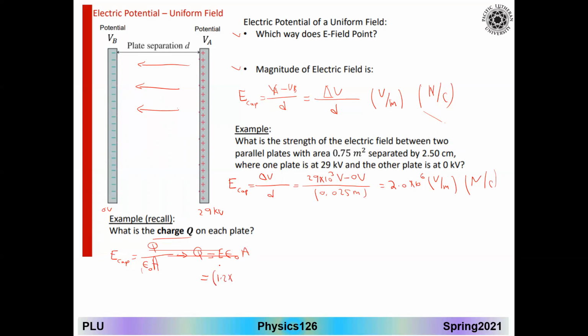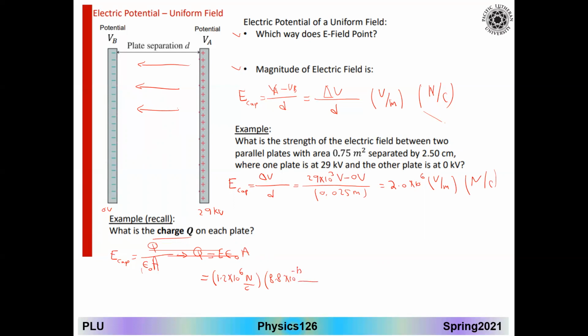E is 1.2 times 10 to the 6, and I will use Newton per coulomb as a unit, multiplied by the permittivity, which is 8.8 times 10 to the minus 12.